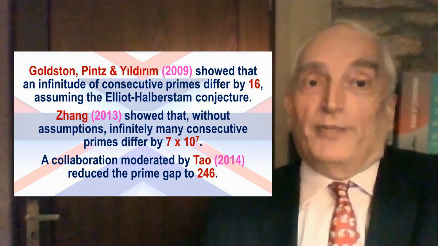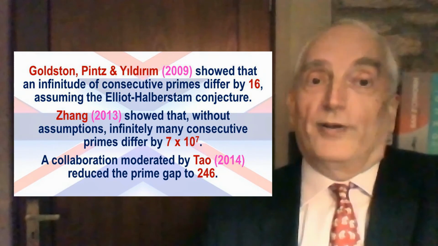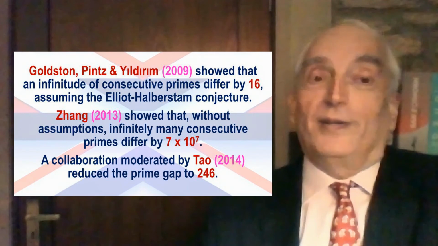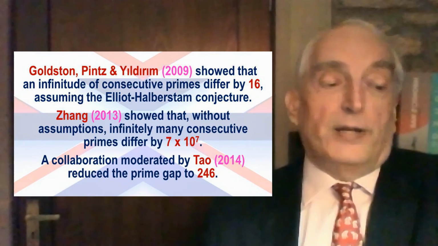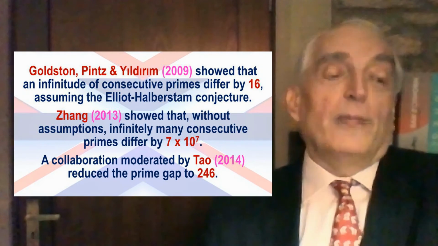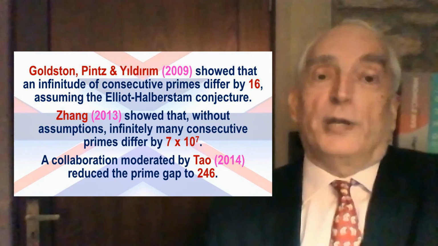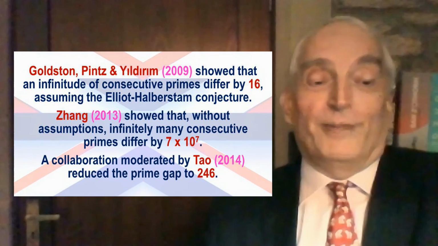Nobody had done this before. They'd not found any prime gap which we knew would go on to infinity. But here it is. Yitang Zhang did that. And then a collaboration moderated by Terence Tao in 2014 reduced their prime gap rather spectacularly from 70 million to 246. But still a long way from the 2 that we're looking for.